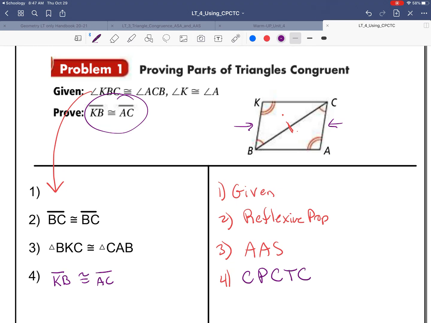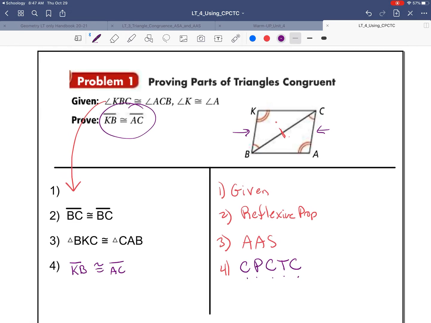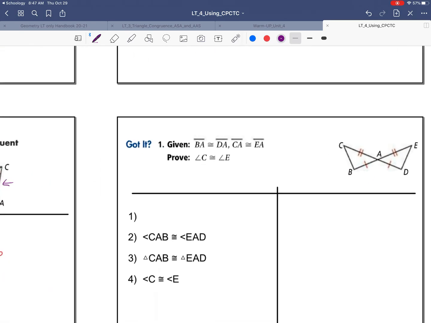Now you can write that out, but CPCTC. Some students tend to forget that acronym. You can remember it because Coach Peters can touch ceilings. That's another way of remembering it because we all know that Coach Peters is pretty tall. Coach Peters can touch ceilings. CPCTC. It's establishing all corresponding parts congruent.